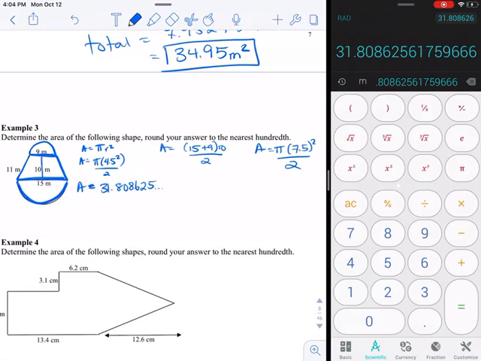dot dot dot. The next one here, we get 15 plus 9 times by 10, multiplied by 10, and then divided by 2. This area is 120.